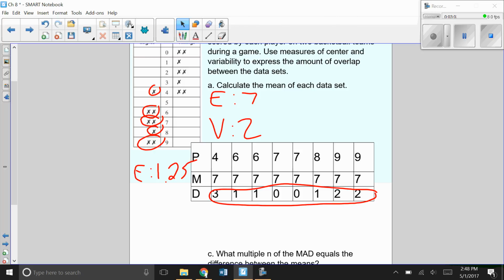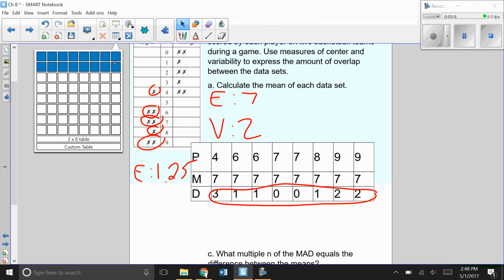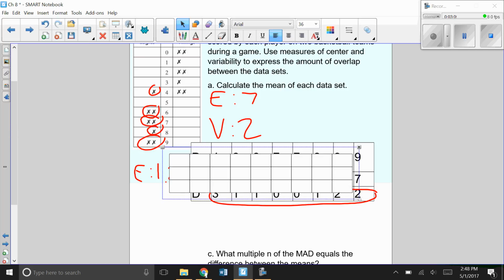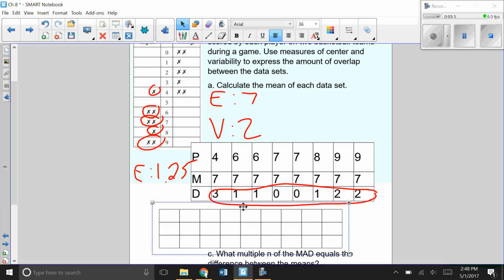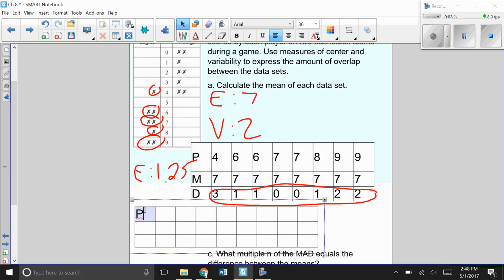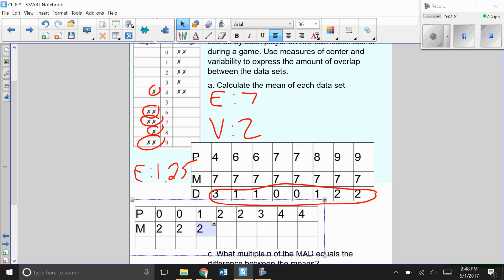Now we're going to do the same thing, a 9 by 3 table, for the Vikings. We still have the points scored there. Those points are 0, 0, 1, 2, 2, 3, 4, 4. We have our mean across the middle, which is 2 in this one.